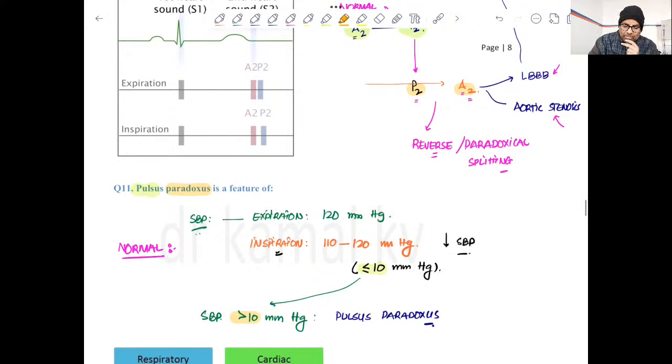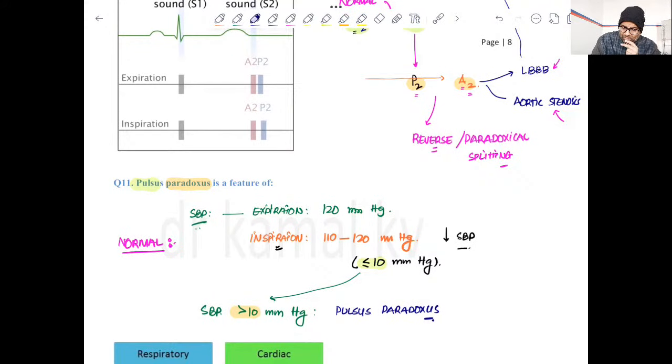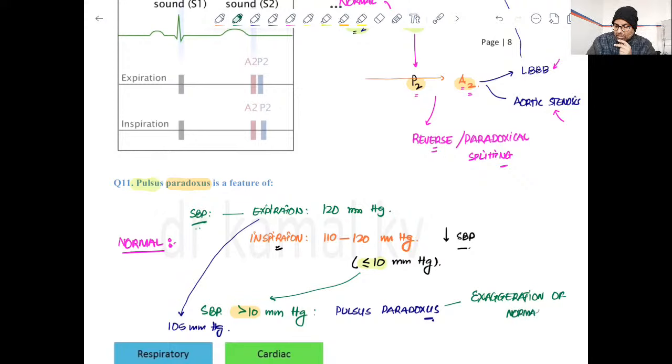So here you can say the systolic blood pressure might be 105, something like that. So the reduction is around 15 millimeter of mercury. So this is pulsus paradoxus, an exaggeration of normal physiology.